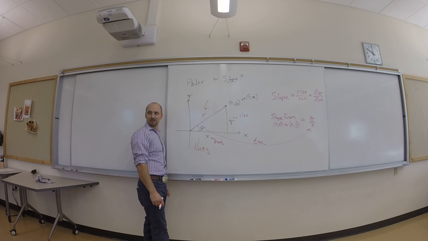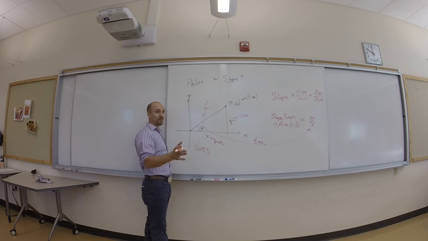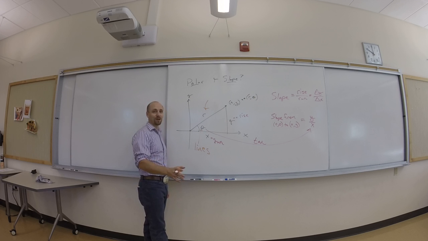R. Yeah, that describes r, right? That's a distance from 0. You see that? So if I told you all the things that are 2 units from 0, what am I talking about? Circle. Yeah, I'm talking about a circle.